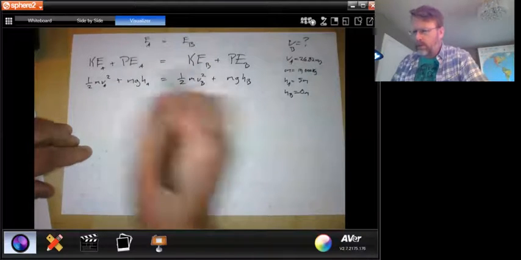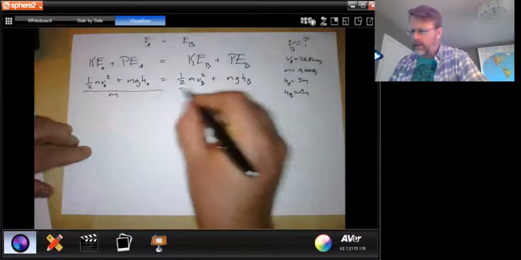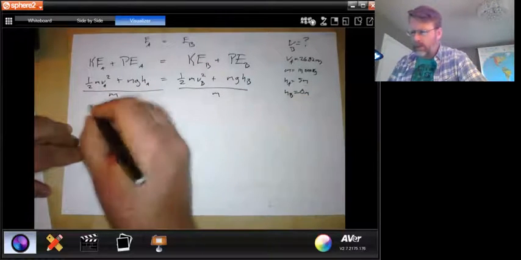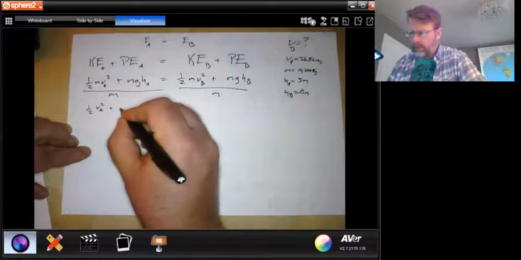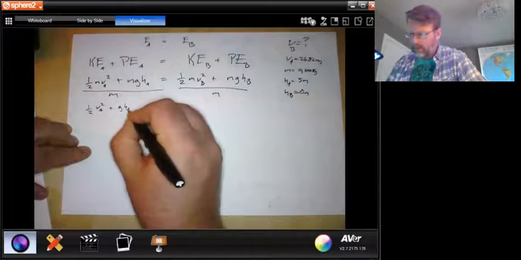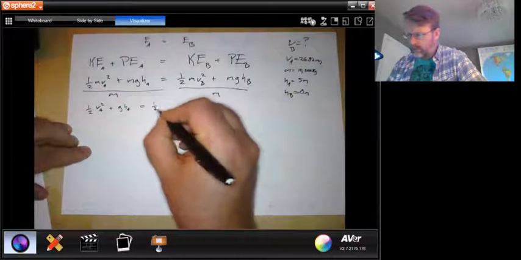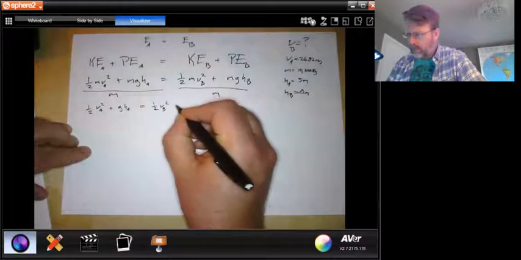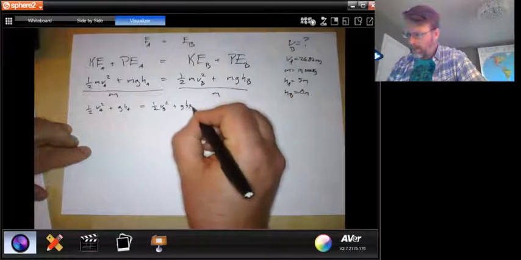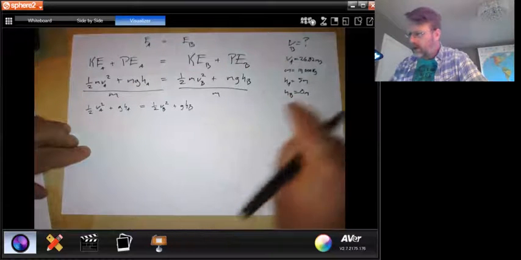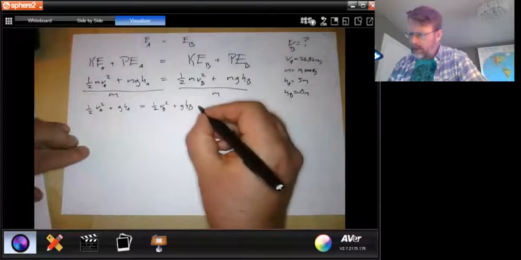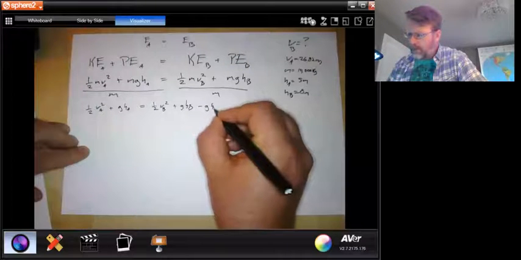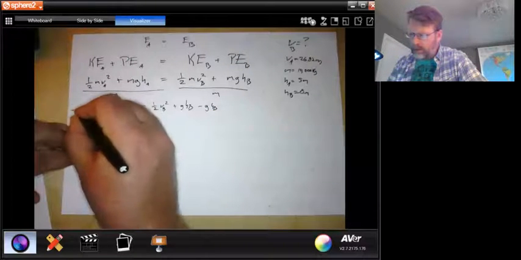So first of all, we notice that mass is present everywhere, so we can have the mass divide out. Okay. Now remember we're solving for velocity of B, so we can subtract this from both sides.